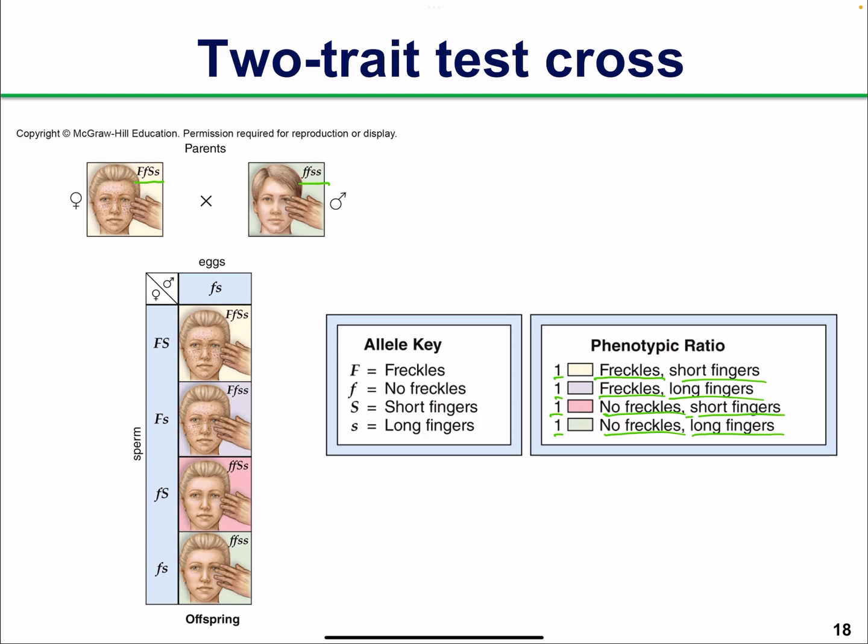Exactly the same ratio for each of the different phenotypes. All right? So that's basically how you can run a two-trait test cross.